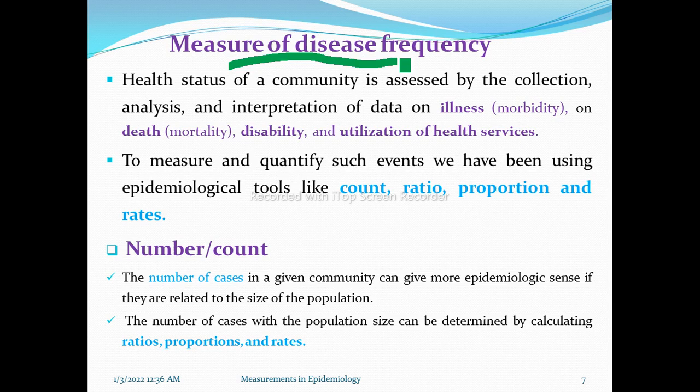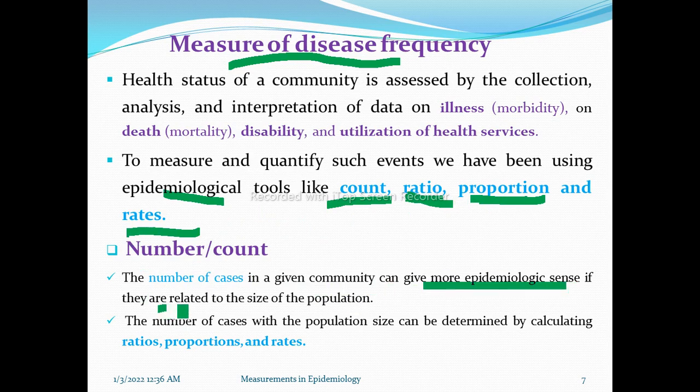To measure and quantify such events, we use epidemiological tools. These epidemiological tools are count, ratio, proportion, and rates. Ratio, proportion, and rates are the most common. The number of cases in a given community can give more epidemiological sense if they are related to the size of the population.